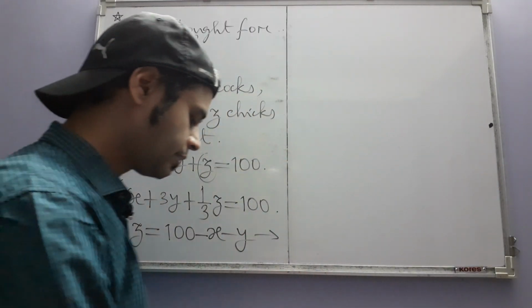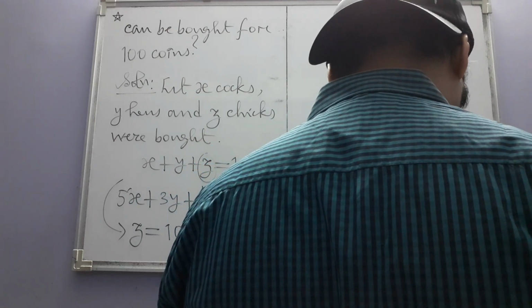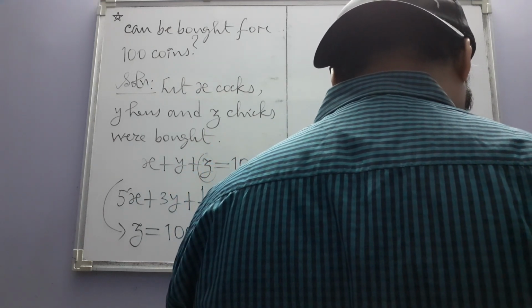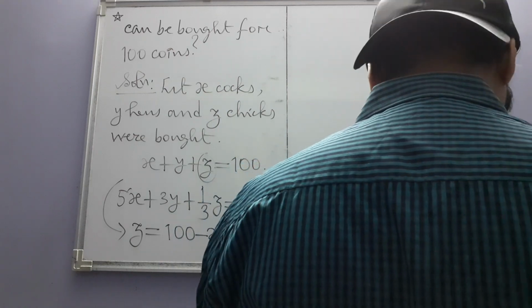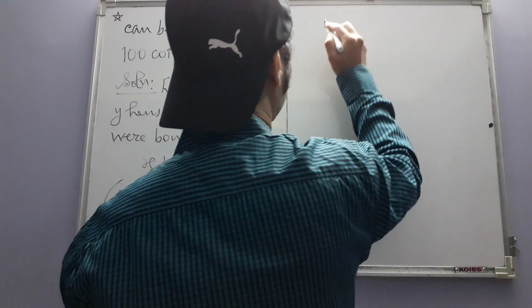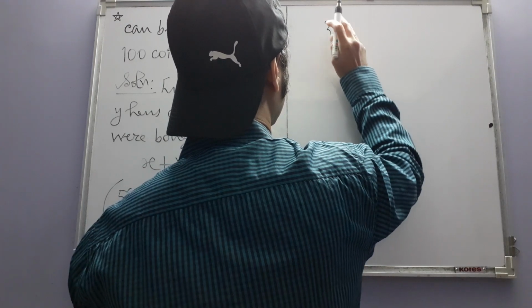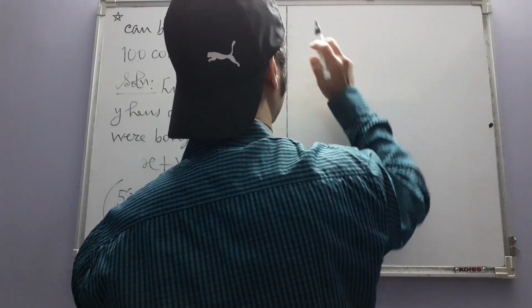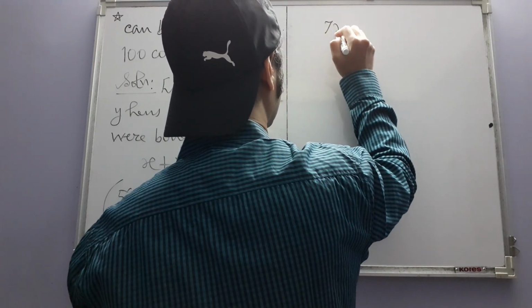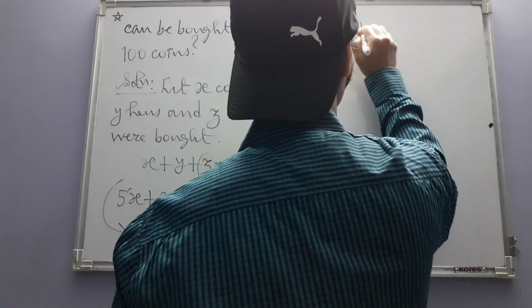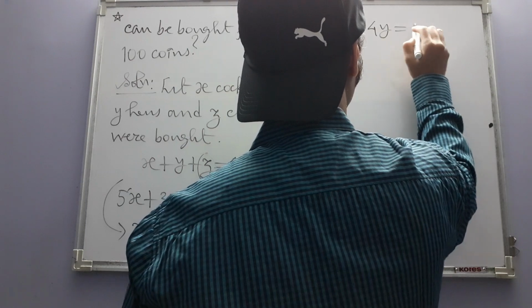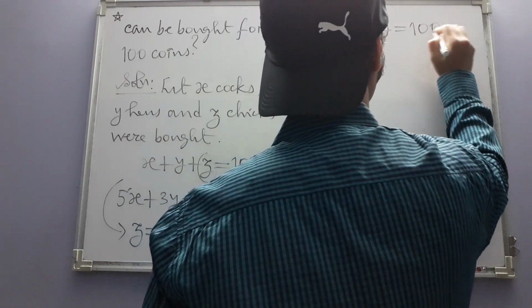After simplifying everything that needs to be done, ultimately we get 7x plus 4y equal to 100.